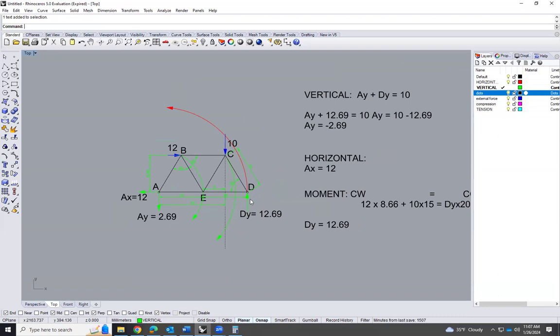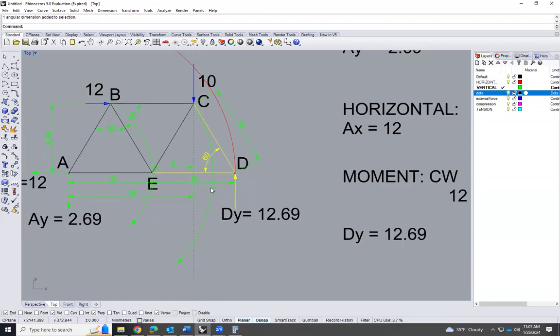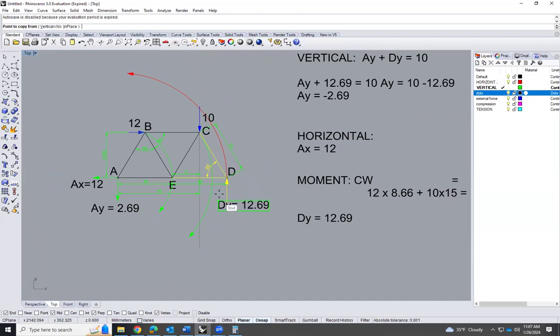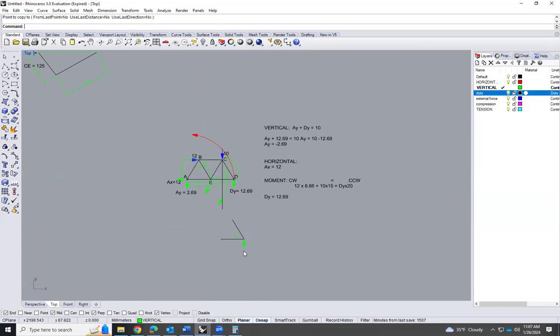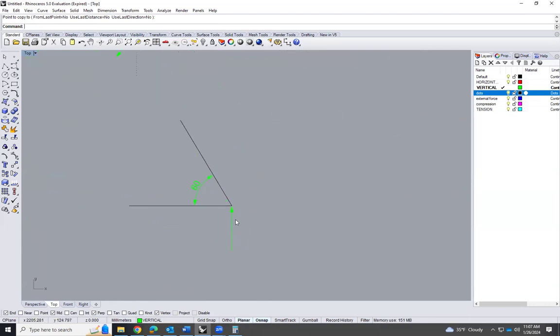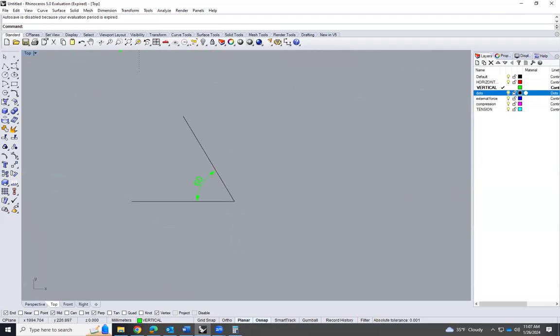Okay, so we're going to start at point D. So I want to select this. I know the angle. And I'm going to start with point D. In point D, I know that I have a line going up, and this line is 12.69. I'm going to draw this line with the right dimension.